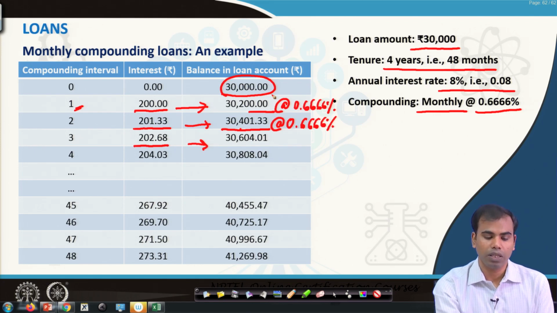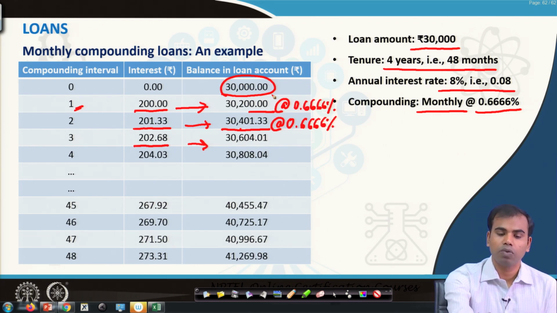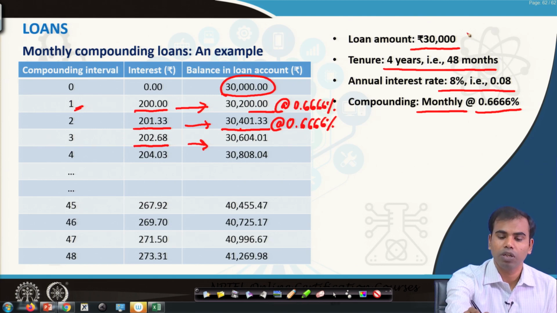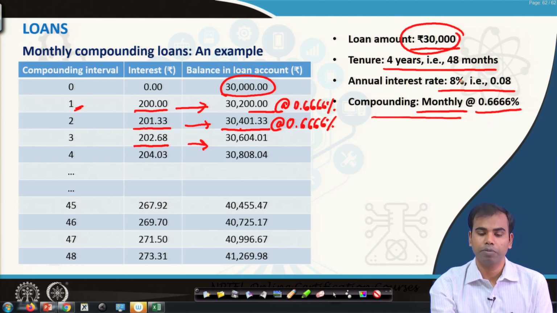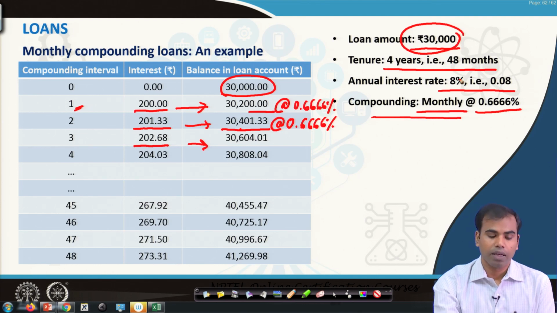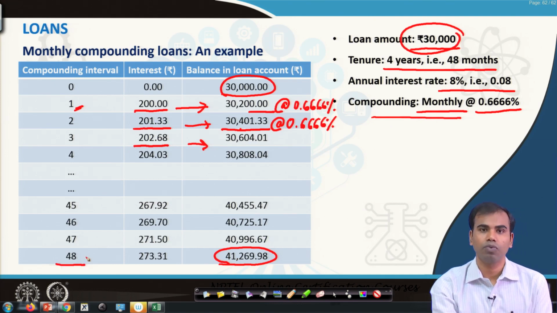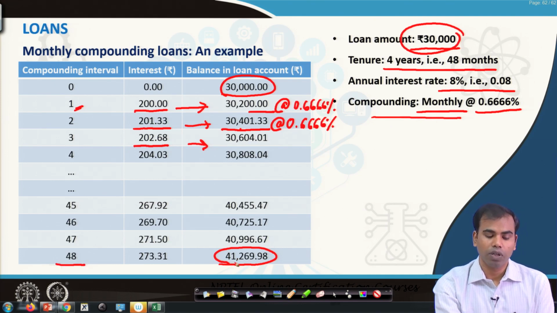So, if you see, the loan amount that was taken on day 0 to the extent of 30,000 rupees, compounding monthly at the interest rate of 8% per annum, the amount of money that will be due at the end of the 48th month, that is, the end of 4 years, is 41,269.98.